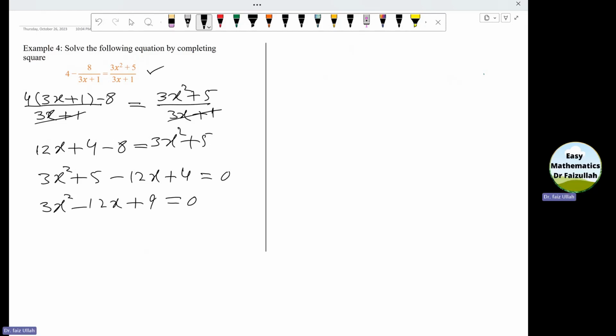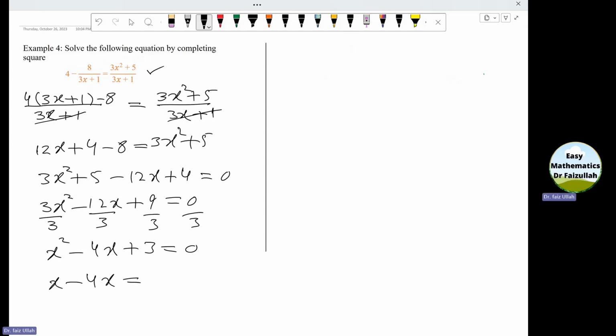To solve this quadratic equation, we use the same procedure. Divide each term by 3 so that the coefficient of x square must be equal to 1. So we get x square minus 4x plus 3 is equal to 0. In the next step, transfer the constant term to the right hand side.